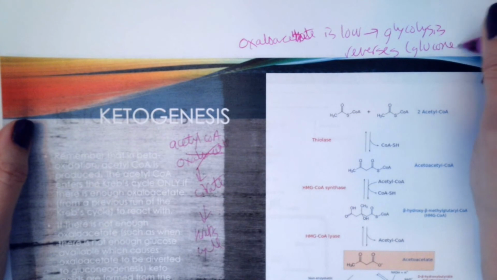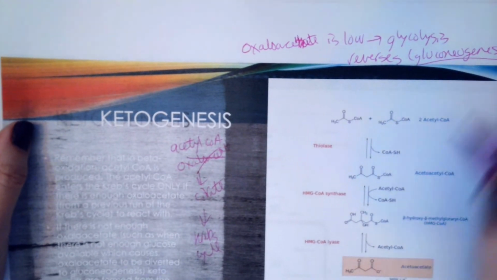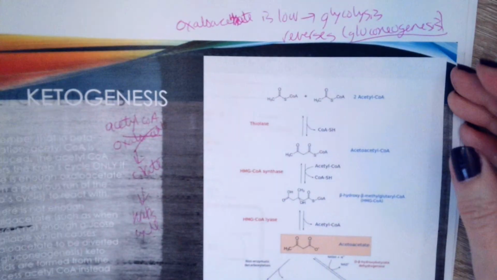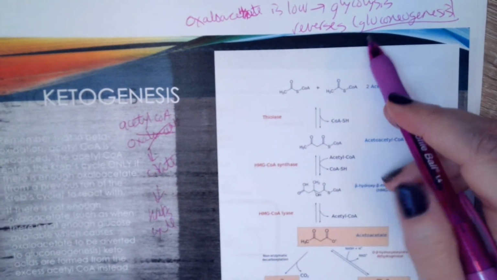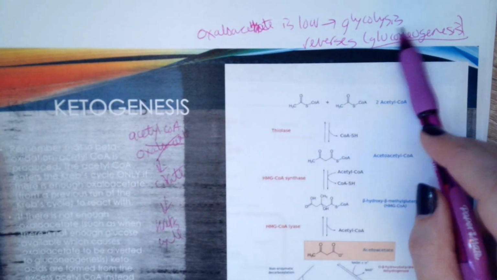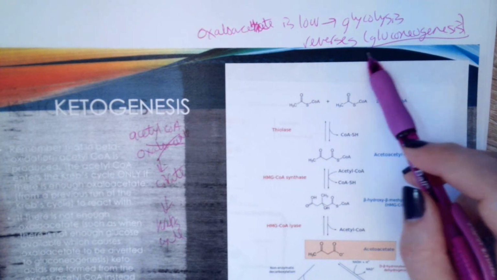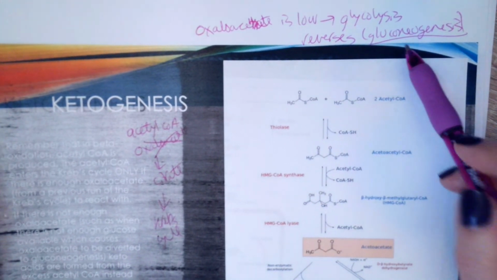So we talked about this during Unit 1, how we can create new glucose simply by going backwards up through glycolysis. So when we have not enough oxaloacetate, that's what we're going to do. We're going to push everything backwards and start creating new glucose.